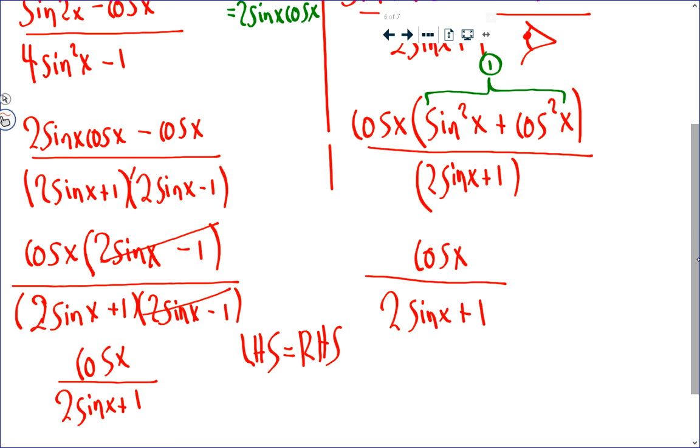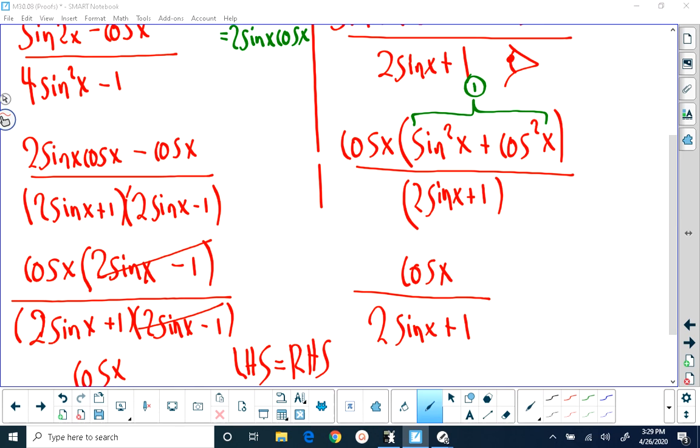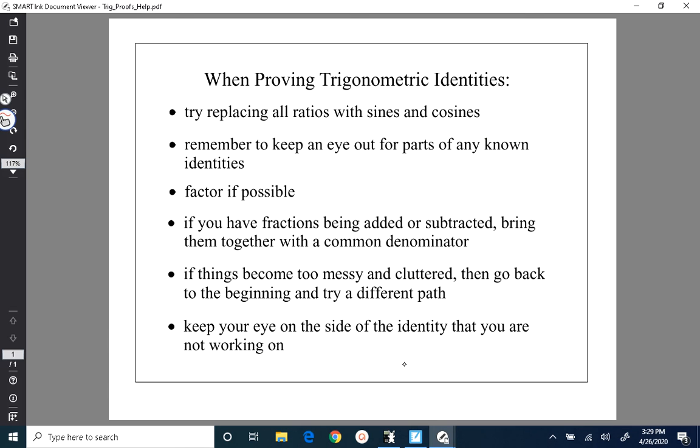If you go to your classroom folder, you will find a file in there. It's a one-page PDF file. It's called Trig Proofs Help. And on this single page, I've typed out for you all of the things that are useful suggestions in trying to prove identities.